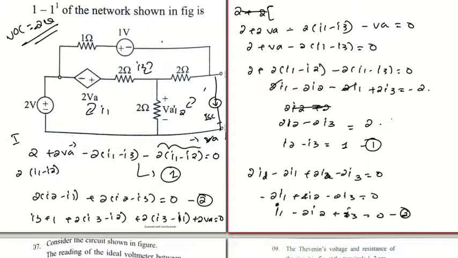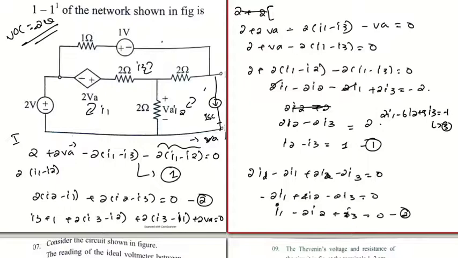And the third equation I get is 2I1 minus 6I2 plus 5I3 equal to minus 1.